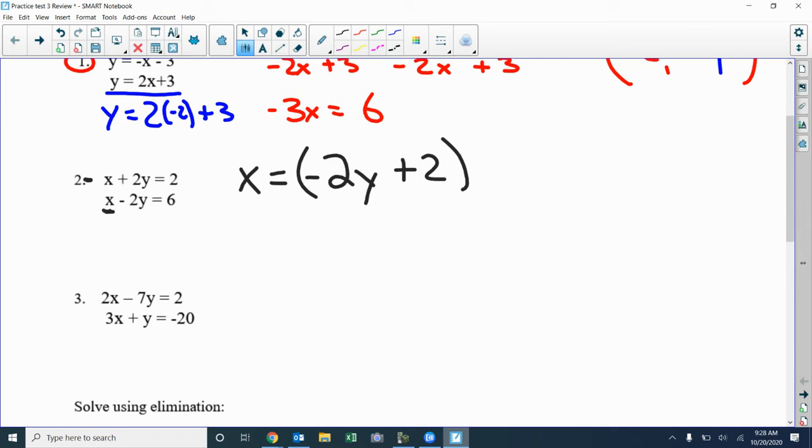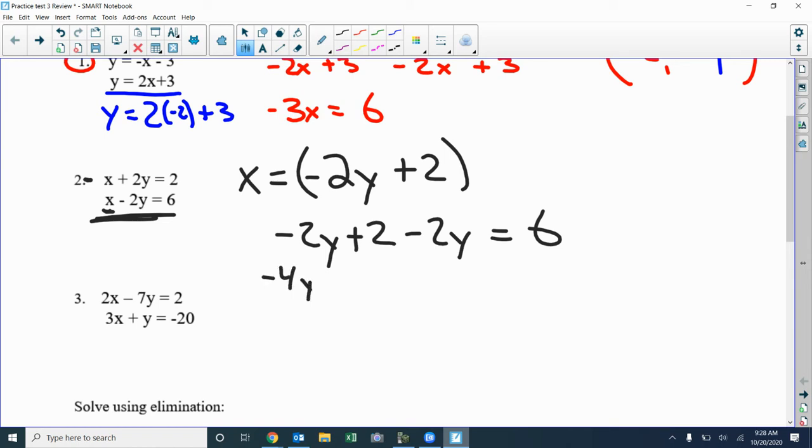All right, so I'm going to have negative 2Y plus 2 minus 2Y equals 6. So I plugged into this bottom one here. That'll give me negative 4Y. I'm going to minus 2 minus 2. I'm going to get negative 4Y is equal to 4.